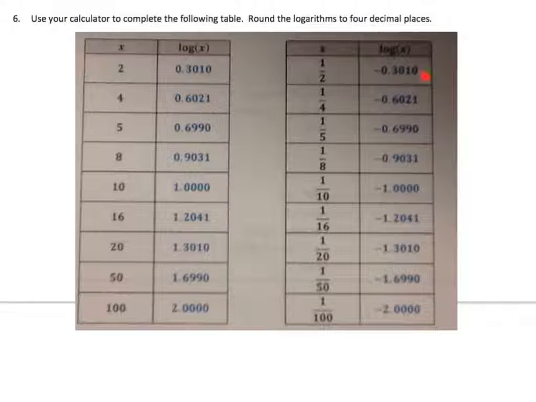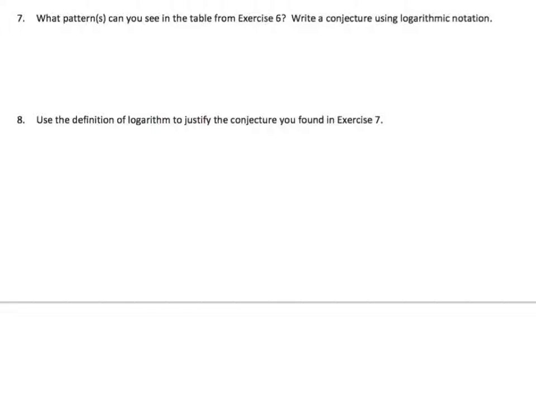What do we see here from our pattern? Log of 2, log of 1/2. It looks like it just went negative. 4, 1/4, negative. It looks like they're all going negative, like 5 and 1/5, etc. That's pretty cool. Why is that? Let's look at it. What patterns do you see in the table from exercise 6?